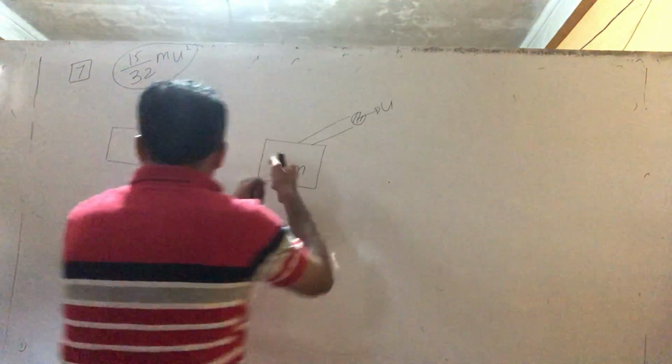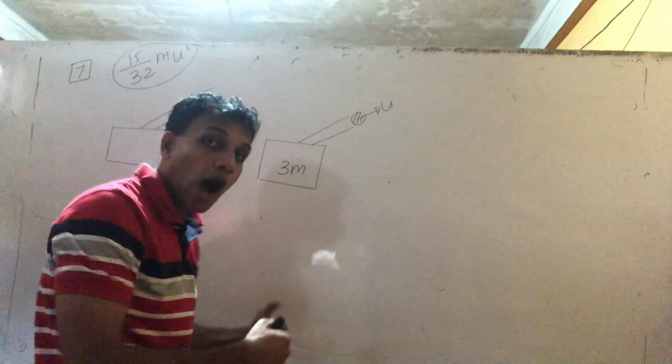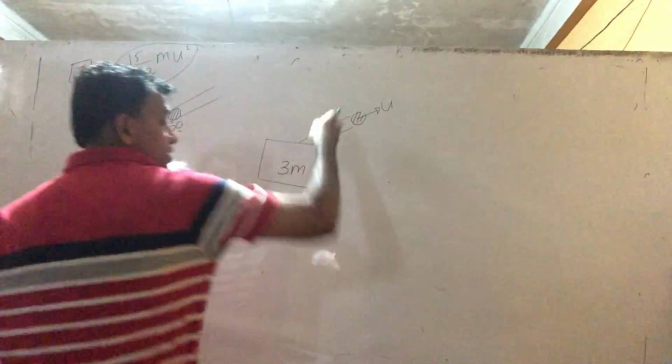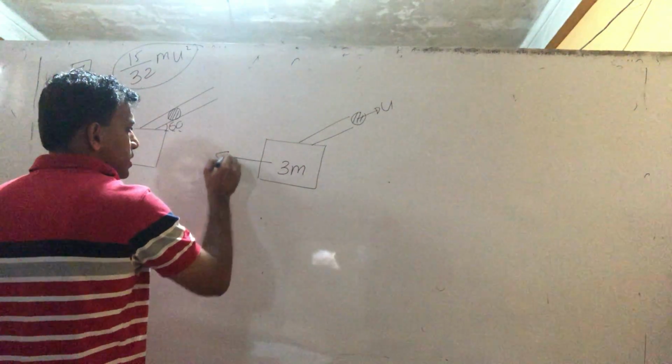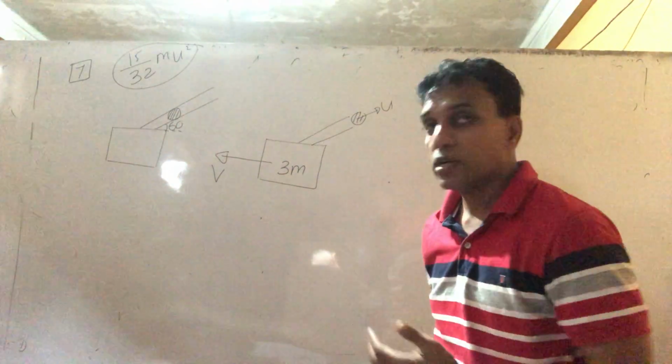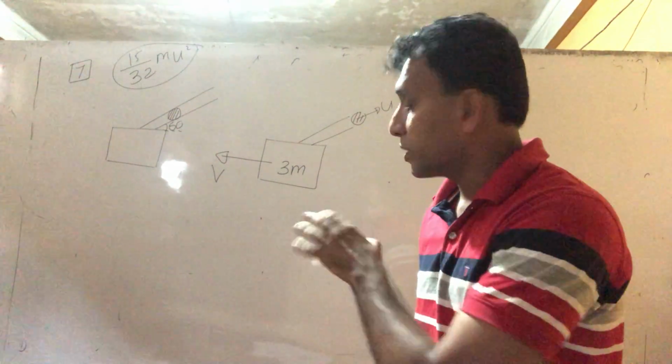Then when it fires, suddenly the gun comes a little bit back, with some speed. Therefore it is u, and I say this is v. The system becomes like that when the shot is fired.